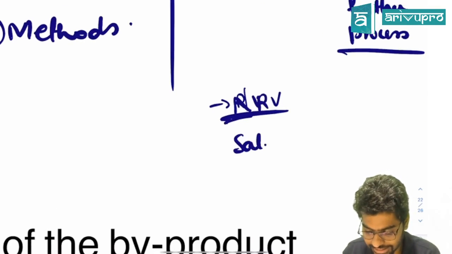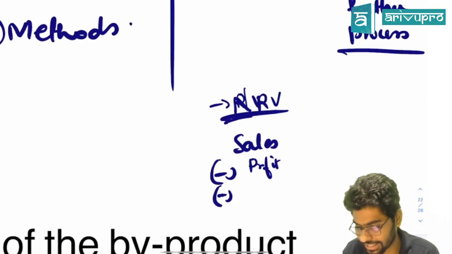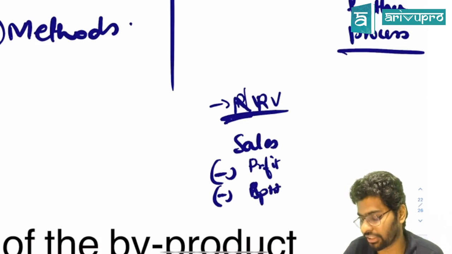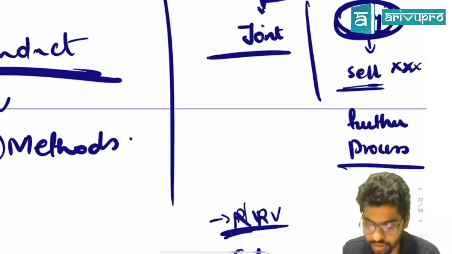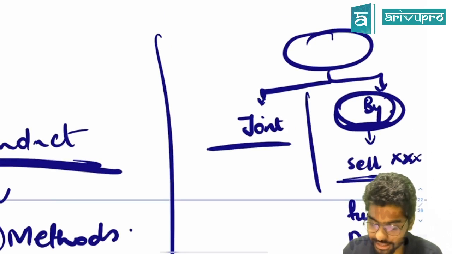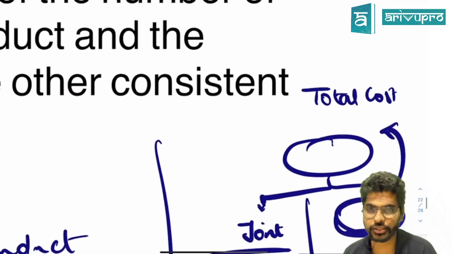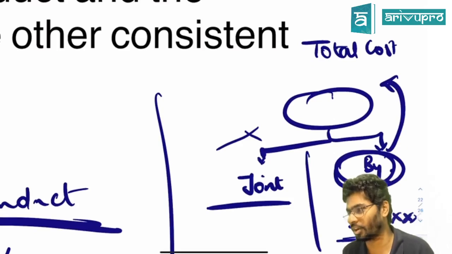Basically take the sales minus my profit margin minus the split off cost. Once I get this, from the total cost I will reduce this value, then I will allocate it to the joint products.